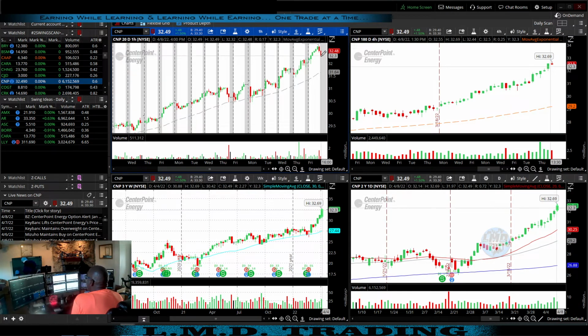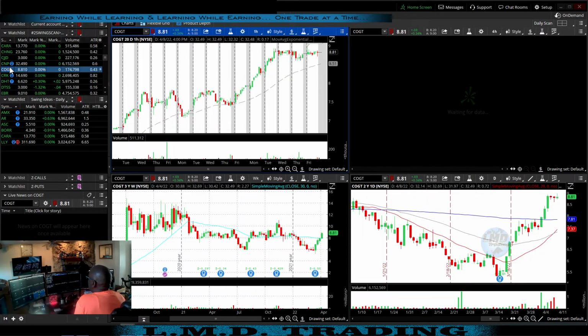Decent pullback after hours. That's a decent pullback after hours. But just look at these patterns. While the market is sideways, it's choppy, it's going down days at a time, we see that there are stocks out there that are moving good.